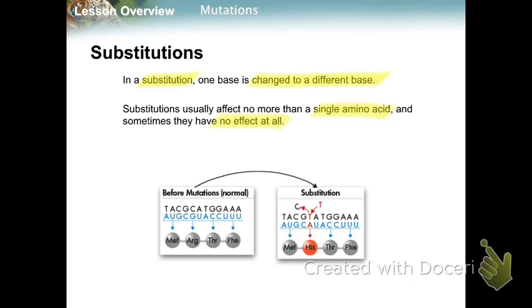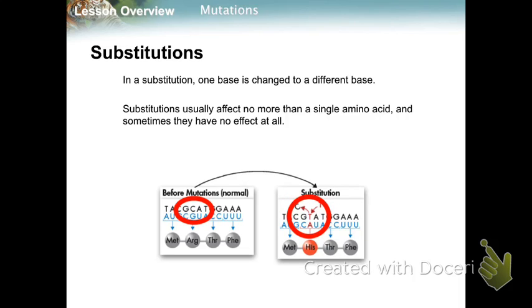So what you see going on here is the normal sequence is here. What has happened is, instead of there being a GCA here, it's GTA.